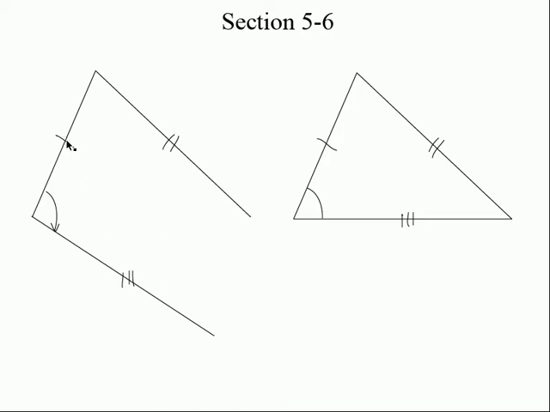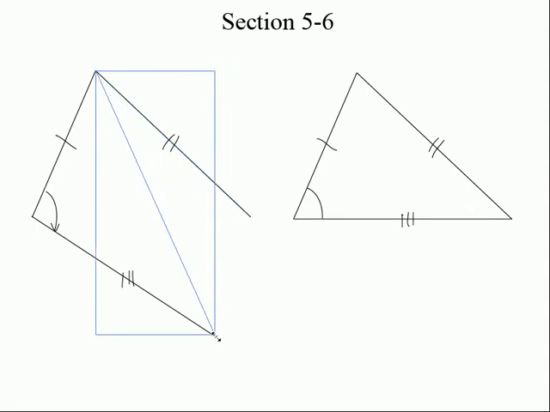Now look, I didn't change this length right here. I didn't change this length right here. I just changed the angle, didn't I? But what's going to happen to this third side once I change that angle? If I make this into a triangle and swing it all the way down here like this, look at the length between, look at what it is now compared to what it was before. What is it?